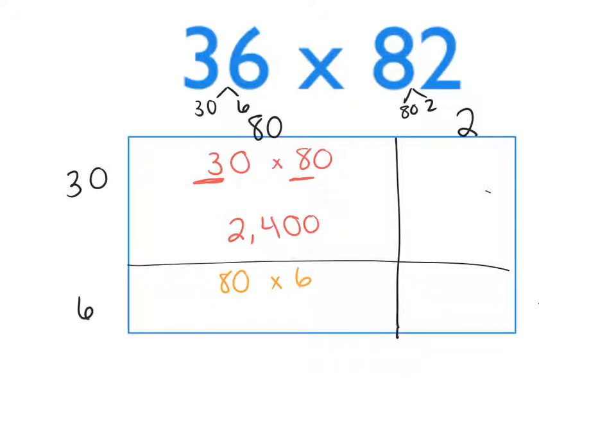So 6 times 8 is 48, but then it's 80, so it's 480. Okay, and then next we have 2 times 30 for this box, which that one's pretty easy, is just 60. And in the last box, we have 6 times 2, which is 12.